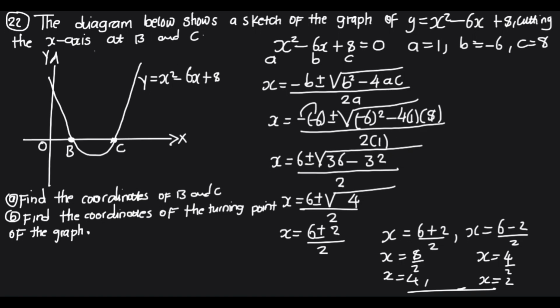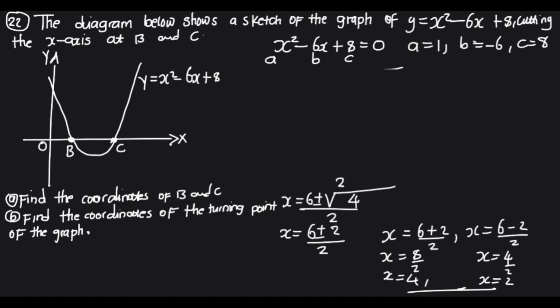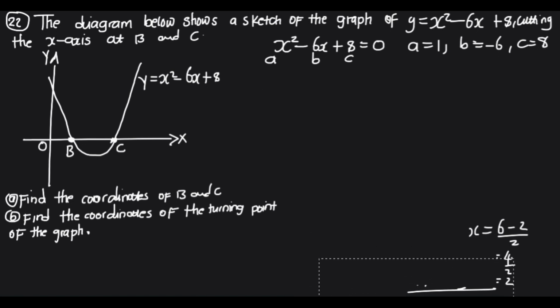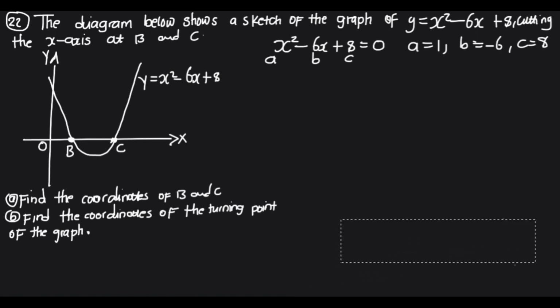x-intercepts. Now let's solve the same values, but let's try to use the factorization method. The point here is that you need to use the method that you are comfortable with. So let's solve now using the factorization method.